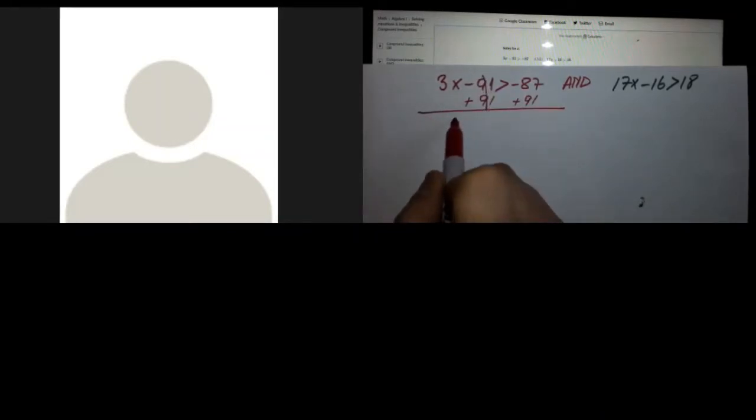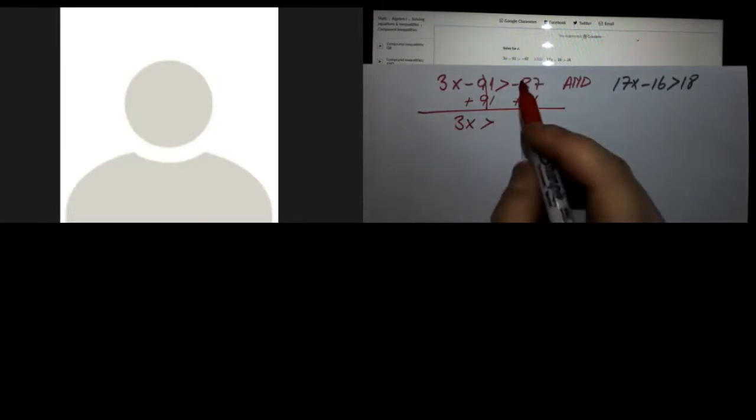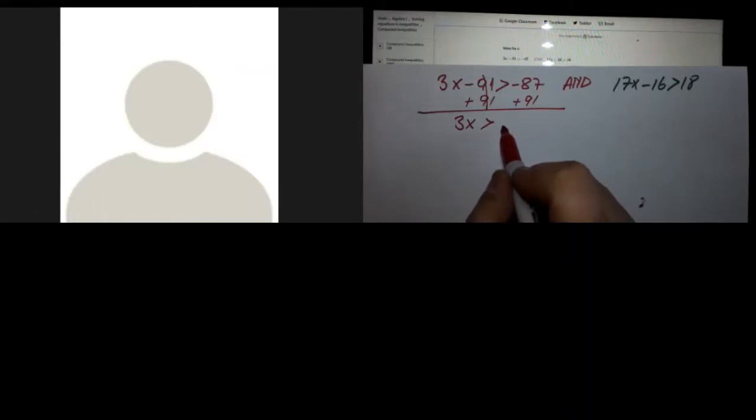Plus 91, plus 91. Well, this cancels. 3x is greater than negative 87 plus 91. What's that going to be?